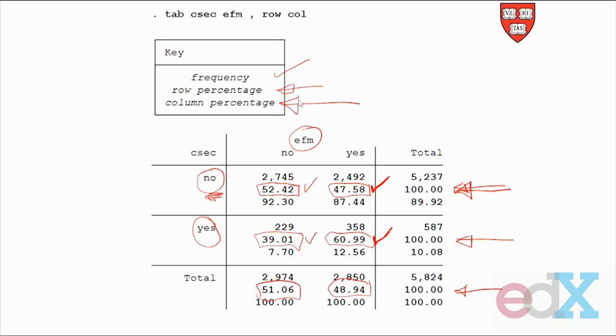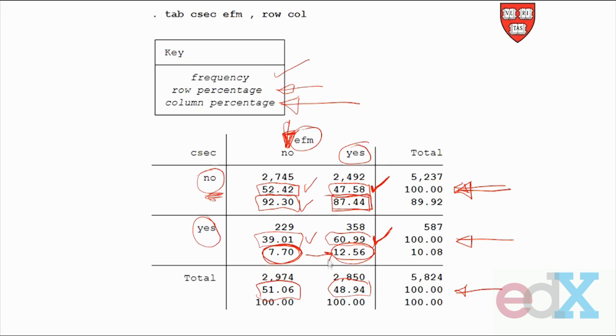Look at the column percentages. 92.3% of those in the no EFM column did not have a C-section, whereas 7% of them did. In contrast, of those who did have EFM, 87% did not have a C-section, but 12.56% did.